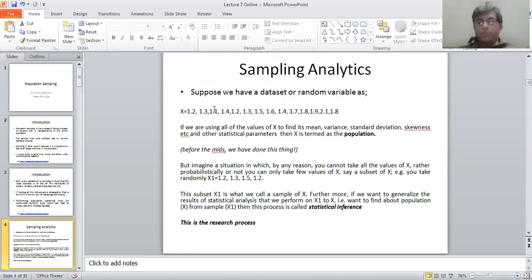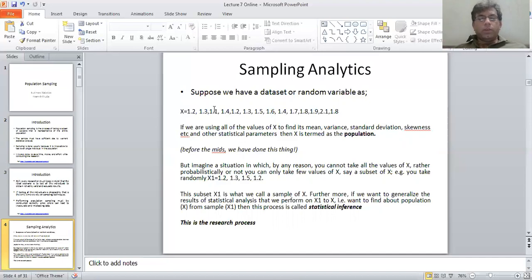This is a very important part, and this is the main thing that creates the troubles, because it's easy to do the statistical analysis on a data set, whether it is a population or a sample. But the main problem arises in how well we can generalize the results from the sample onto the population.